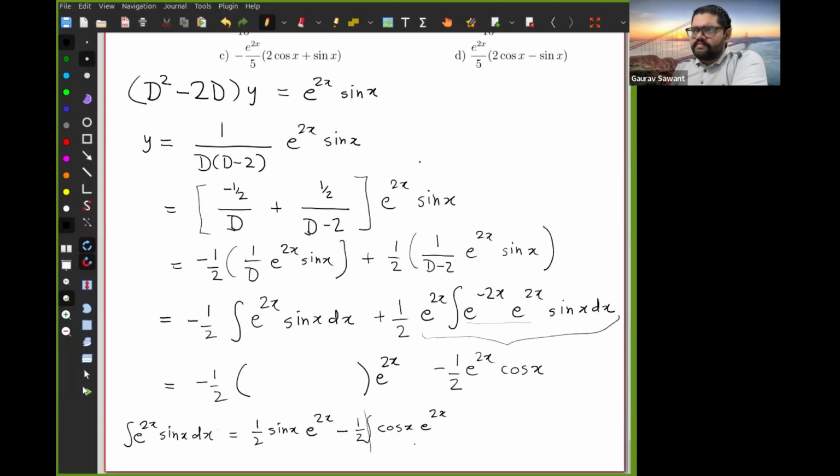Now just take this part, the integral of cos x e power 2x dx. That time you are going to get another half.